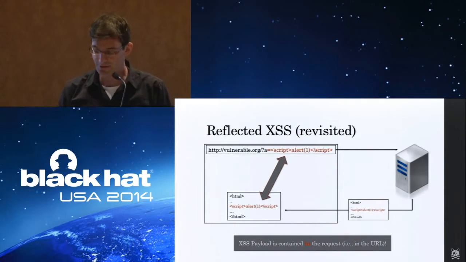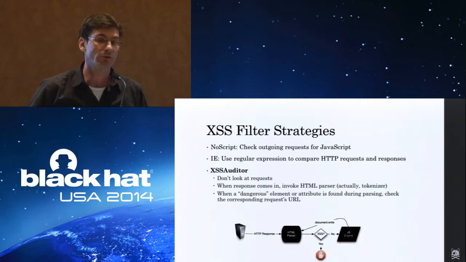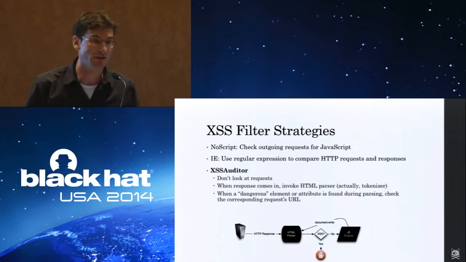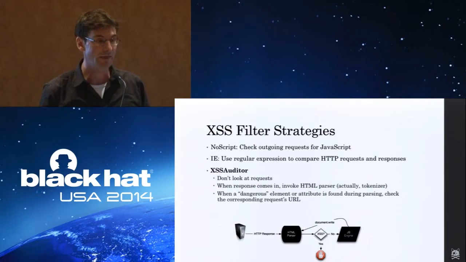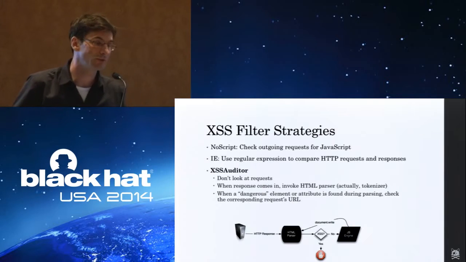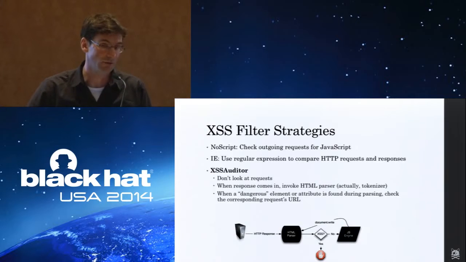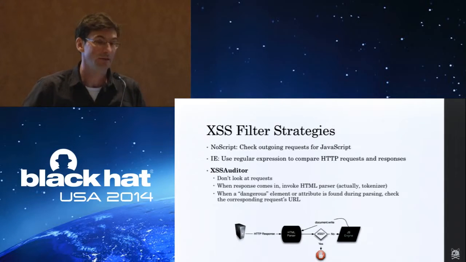Internet Explorer was the first mainstream browser to adopt cross-site scripting filtering, and they apply the methodology that I have here. They look at the outgoing request, they do some magic, they build some regular expressions that then are applied to the incoming HTTP response before the response is passed, trying to figure out if there are matches between the URL, in this case, and the HTTP response, and then this might be a cross-site scripting problem.